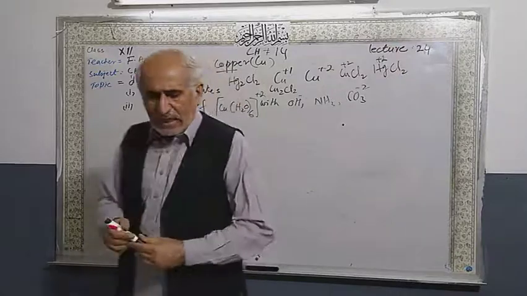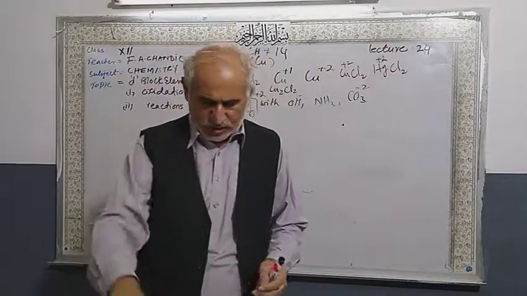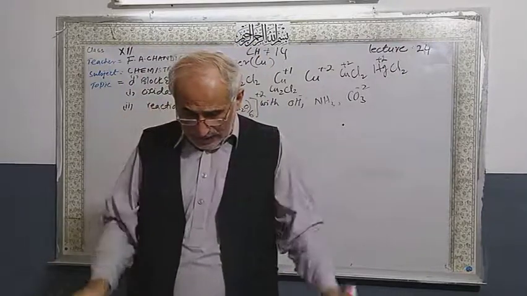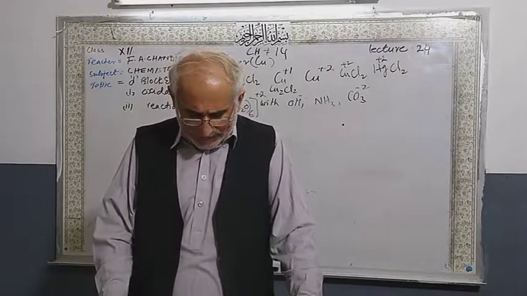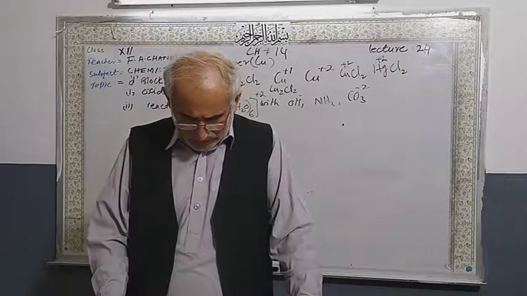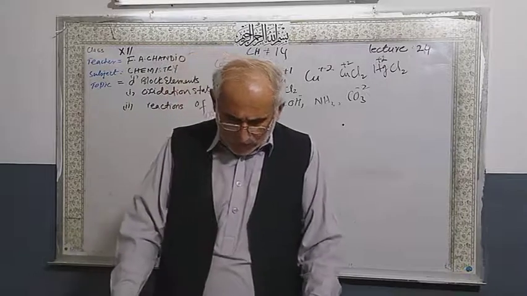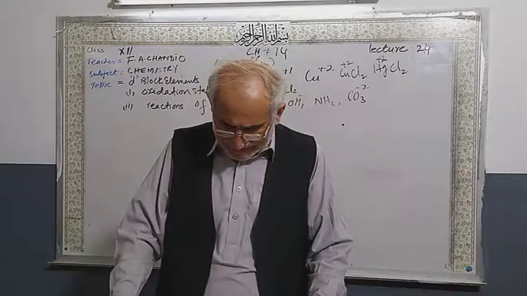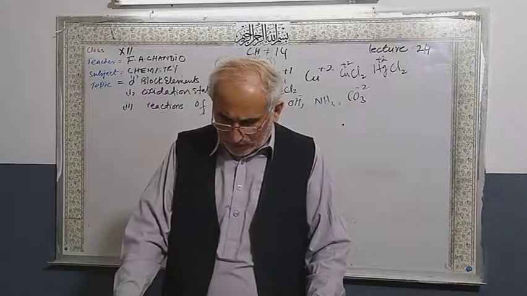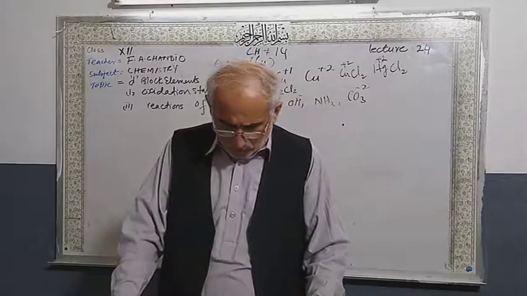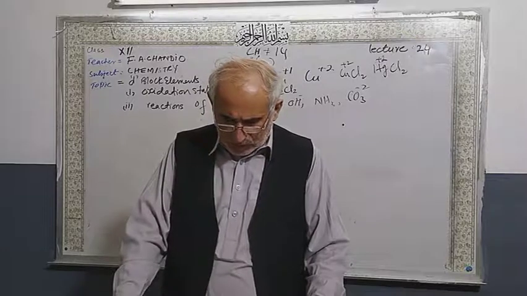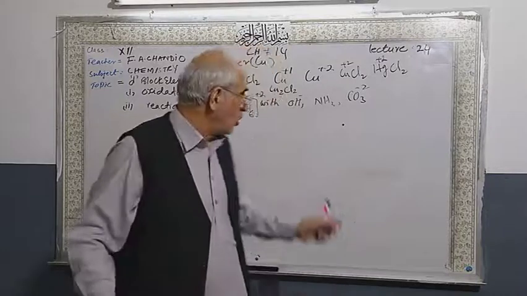So generally copper exists in the two oxidation states, cuprous and cupric, monovalent and divalent. When cupric or cuprous is not stated in the case of a salt of copper, cupric is implied. Copper sulfate implies cupric sulfate.